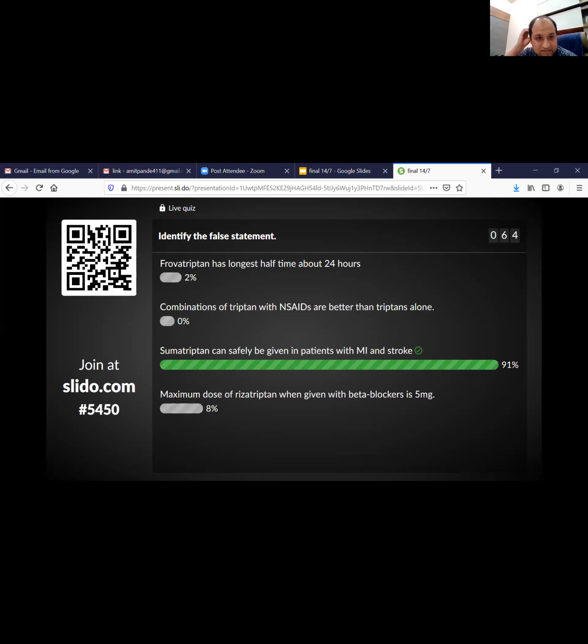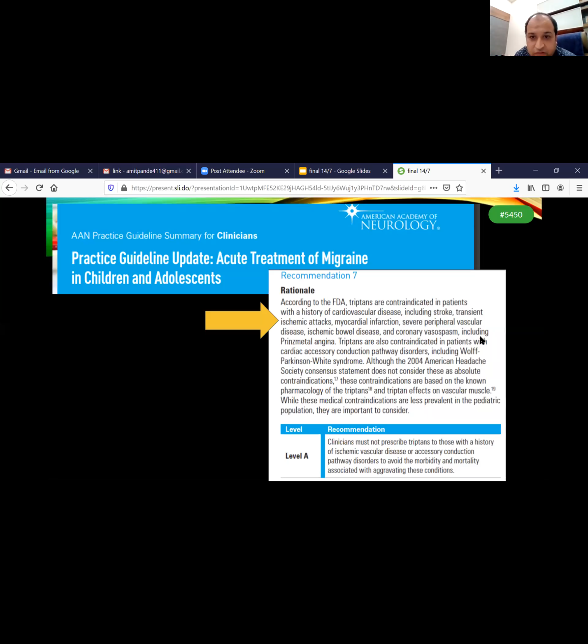So these are practice guideline updates for the acute treatment of migraine in children, adolescents, and old age people. According to FDA, triptans are contraindicated in patients with history of cardiovascular disease, including stroke, transient ischemic attacks, myocardial infarction, peripheral vascular disease, ischemic bowel disease, coronary vasospasm, and Prinzmetal's angina.